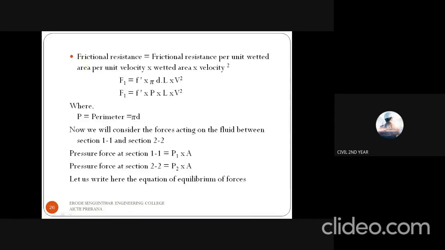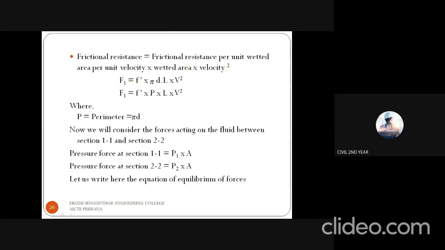So friction force is the friction coefficient times the wetted area, where the water touches the pipe wall. So we are considering the circumference of the wetted area, the perimeter, times the length, into velocity. So we are considering the frictional resistance per unit wetted area per unit velocity, into wetted area, into velocity square.